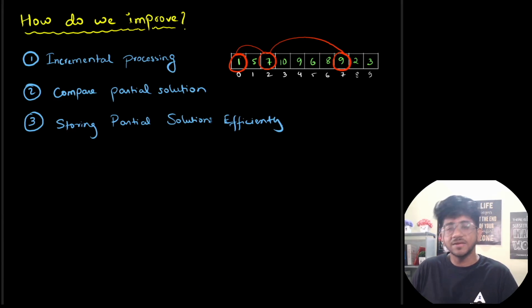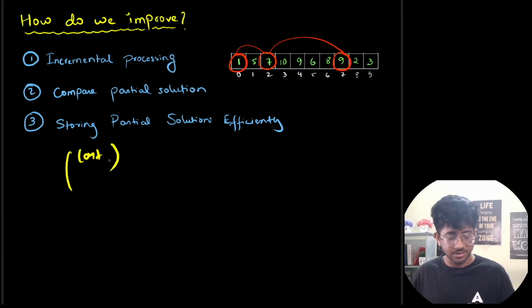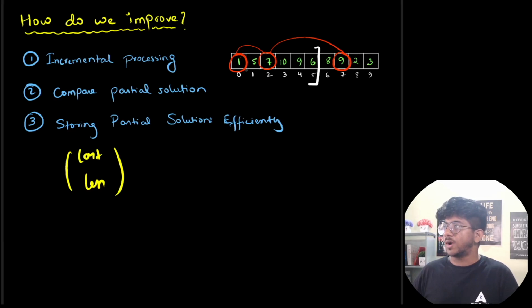There are many ways in which you can do this. The one neat way is, let's say we have the last and the length, and we have processed up to this much. One possible subsequence is this.